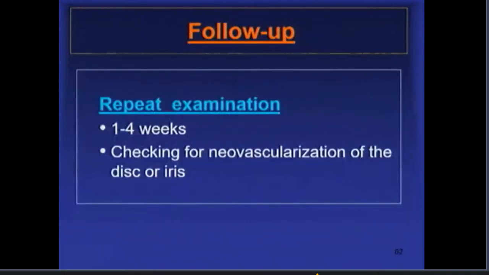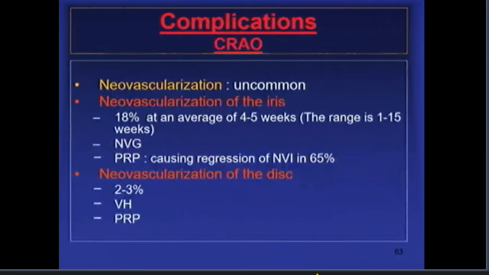Follow-up of this patient needs repeated examination in 1 to 4 weeks, checking for neovascularization of the disc or iris. So besides decreased visual acuity, we have to look for the complication possibilities of central retinal artery occlusion.